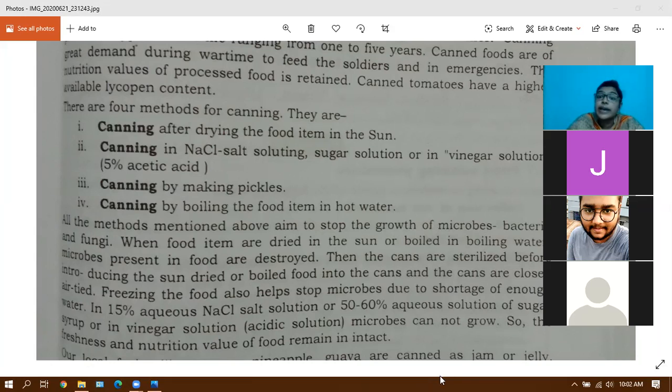Next, cans. The cans are sterilized before introducing the sun-dried or boiled food into the cans, and cans are closed airtight.